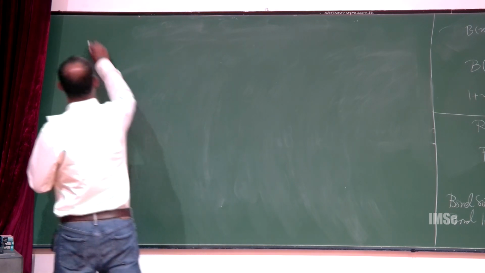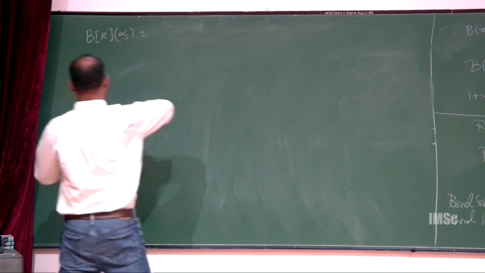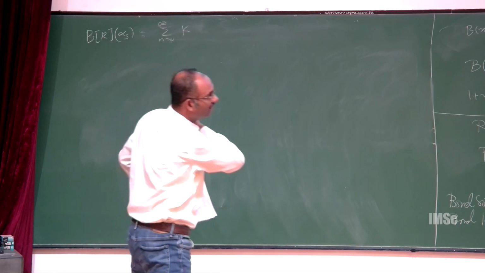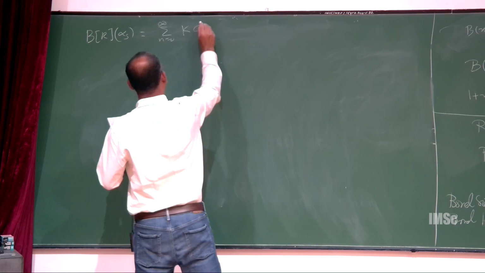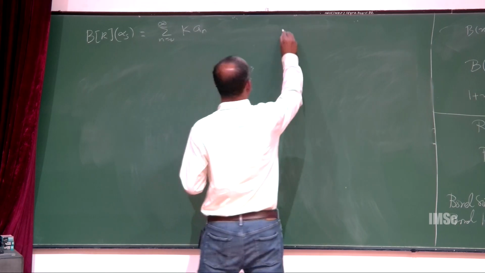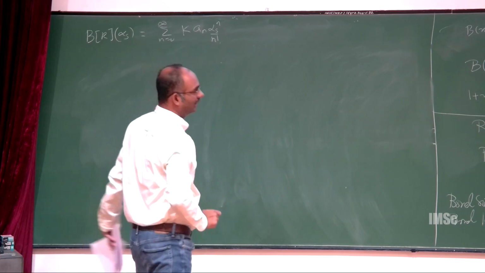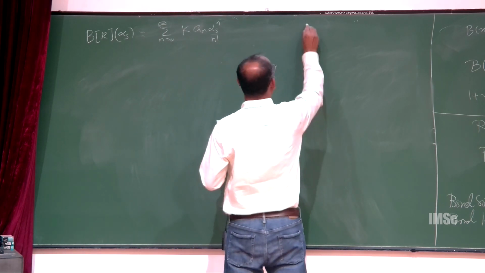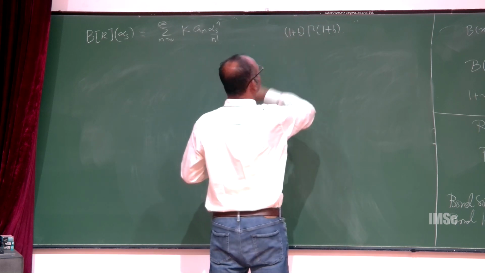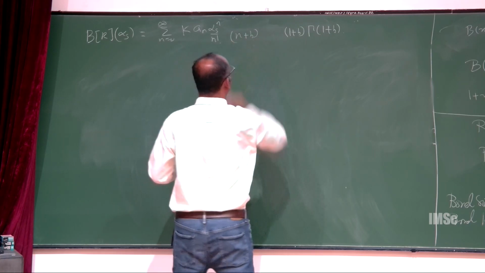So B is k a to the n, and the gamma function I will start with, alpha s to the n over n factorial that I have. Then gamma function, gamma n plus 1 plus b, I will write as gamma 1 plus b. If I multiply 1 plus b, it becomes gamma 2 plus b, and you keep multiplying till n plus b.